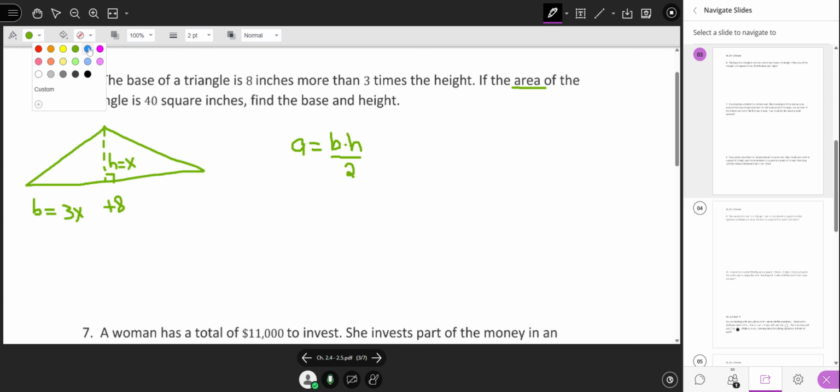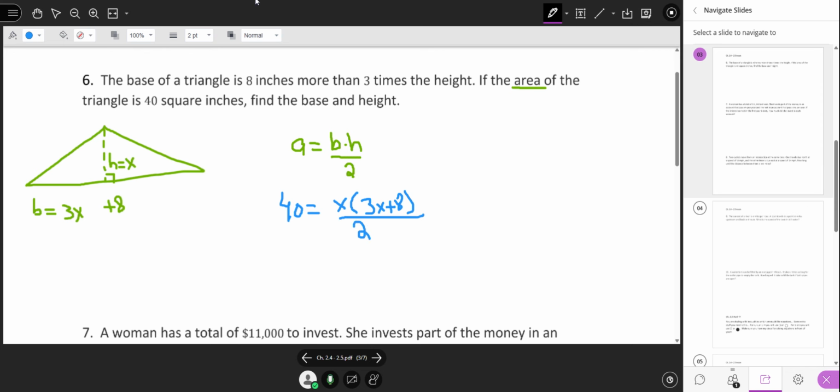So now I've got a nicer formula. So 40 equals, and I can put height first because it's just an x, and then 3x plus 8 all over 2.